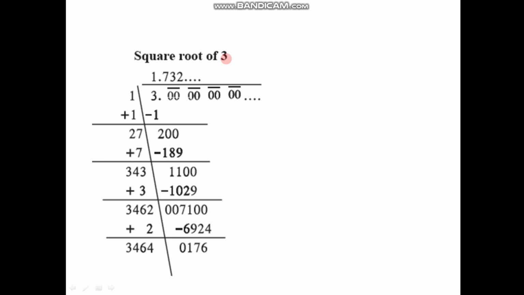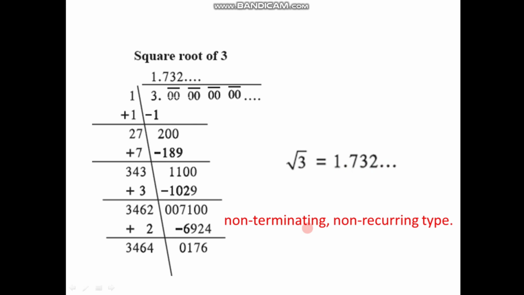Let us have another example. Let us have the square root of 3. If we try to find the square root of 3, we get root 3 equal to 1.732 and so on. In this case also, the decimal form of root 3 is non-terminating and non-recurring. So if there is such a decimal form of a number which is non-terminating and non-recurring, then that number is called an irrational number.